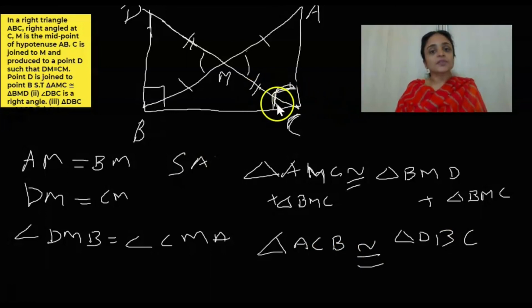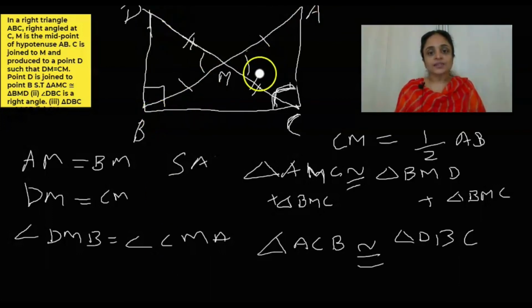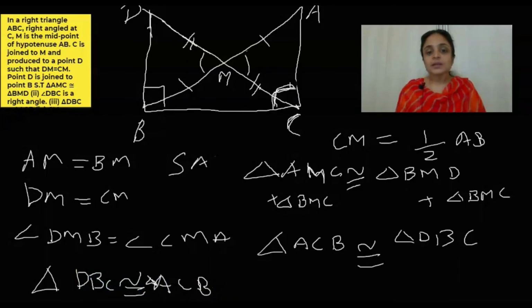Next part is we have to prove that CM is equal to half AB. We have got that triangle DBC is congruent to triangle ACB, right? So DC and AB are corresponding sides of the triangles. So DC is equal to AB.